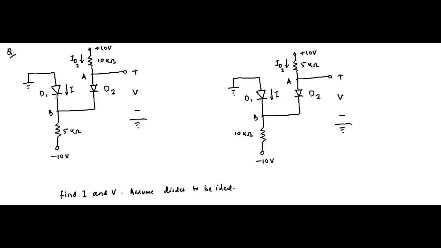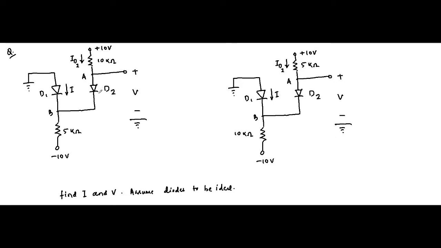Most probably it will be on. We are not sure about it, but if we have to assume, we can make a calculated guess. So D1 I think is on because P end is connected to 0 volt, N end is connected to a negative potential.